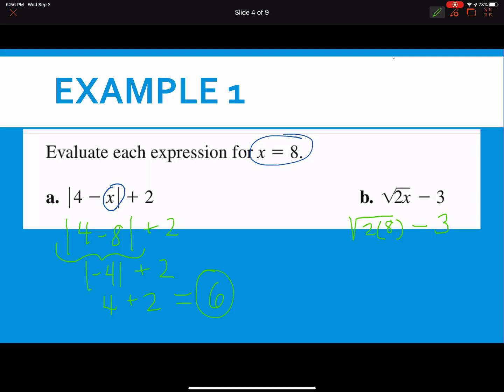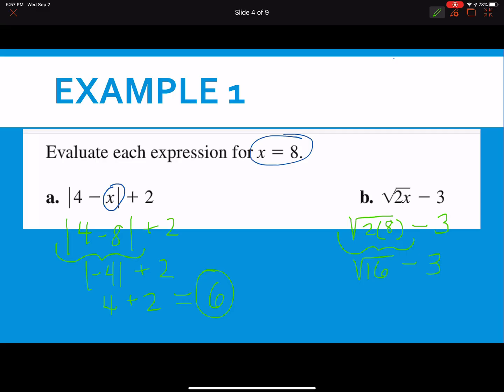Now, our radical is again considered a grouping symbol, so I'm going to simplify that part first. I'm going to take 2 times 8, and I get an answer of 16. Radical 16, subtract 3. Or I can also say the square root of 16.